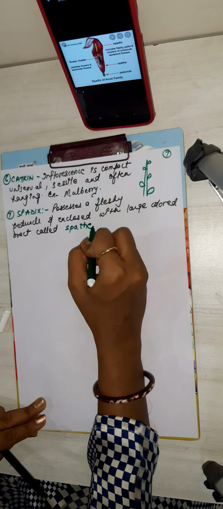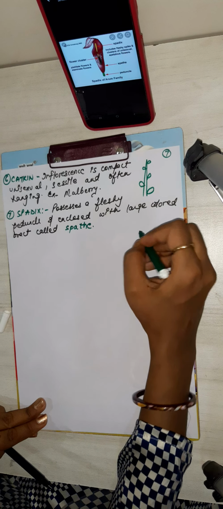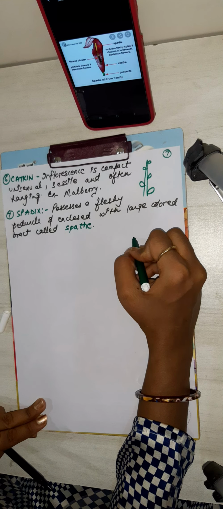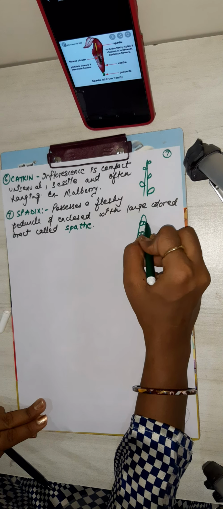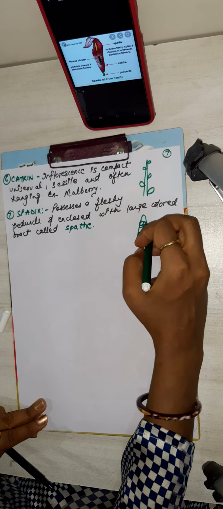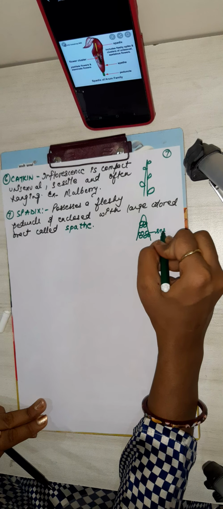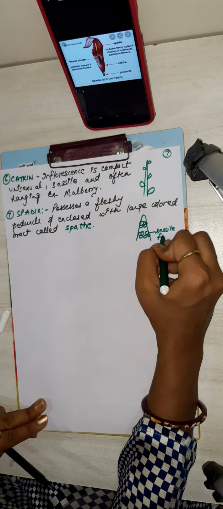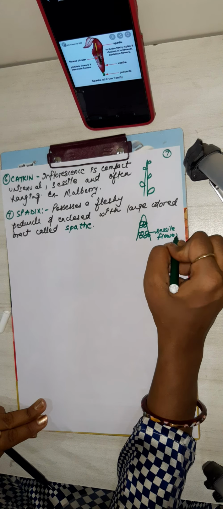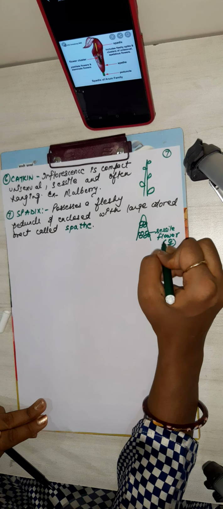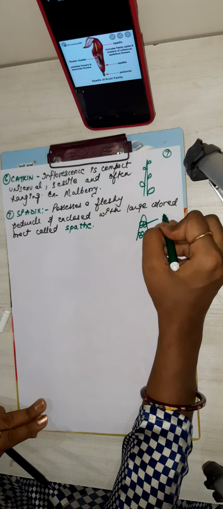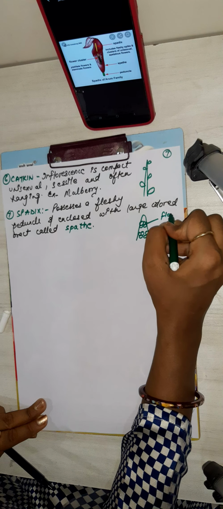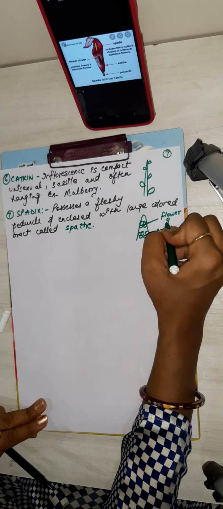लेट मी ड्रॉ द डायग्राम. It is sessile flower, female, and this is also a flower but male.